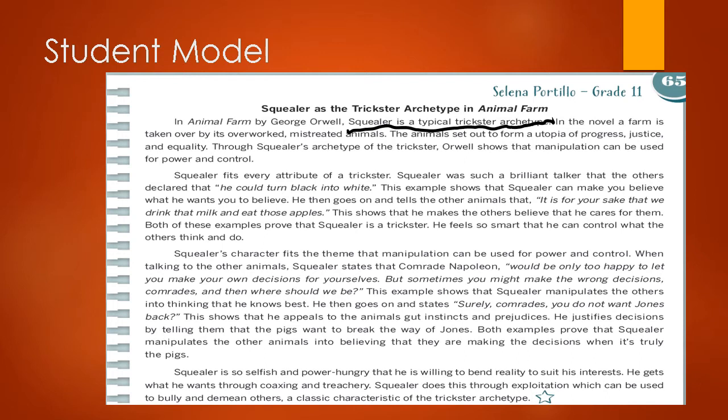Okay, so again, they've set out to prove or support that thesis with these quotes, and they've used 2 that I see right away. It says, he could turn black into white. And for sake of not writing over the text, I'm just going to underline that first word. And they go on to explain, it says, this example shows. The next quote they use, it says, it is for your sake that we drink that milk and eat those apples.